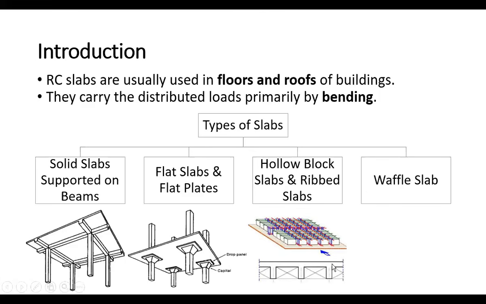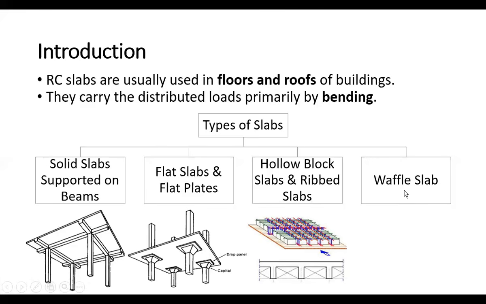In this case, you will have a small slab thickness at the top, usually 5 to 7 centimeters, supported on ribs. The spacing between ribs depends on the size of the blocks that you are using. In the ribbed slabs, you have only the top slab and the ribs without blocks.